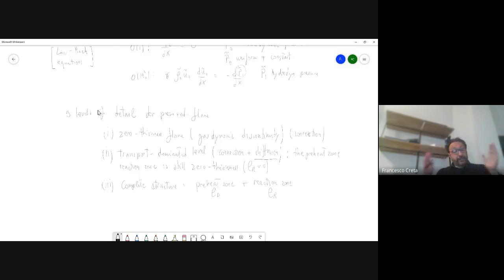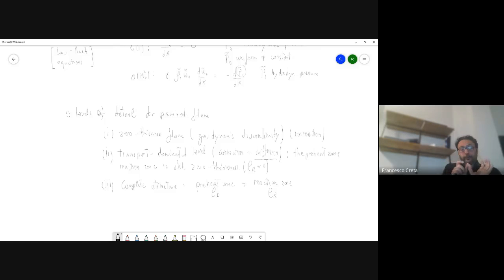So we're going to see the complete structure, which is composed of a preheat zone where there are no reactions, but there is diffusion. So it's an area or a zone upstream of the reaction zone that will be heated up by the reaction itself, by the hot side downstream.